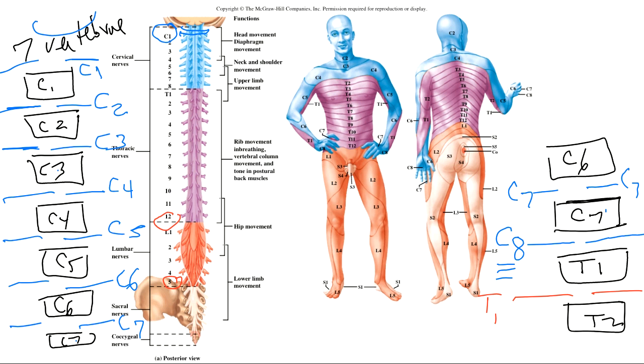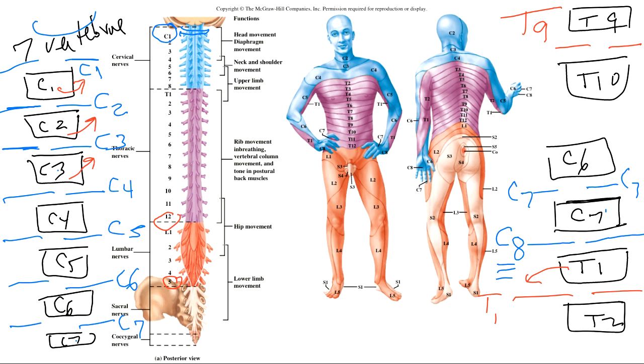What should you know? You should definitely know that spinal nerves in the cervical region are named after the vertebra below. Starting with the thoracic region, spinal nerves are named after the vertebra above. So T9, you should know, is the spinal nerve found between vertebra T9 and T10.